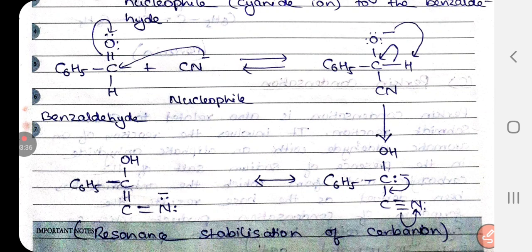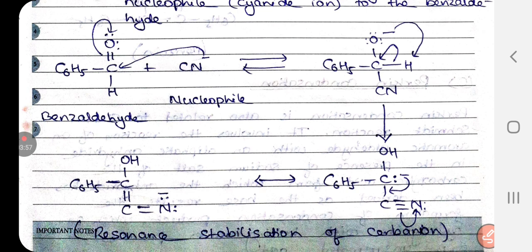C6H5 carbon has acquired two unshared pair of electron and negative charge, and O minus interacts with the H to form hydroxy, and CN structurally represented as C triple bond N.